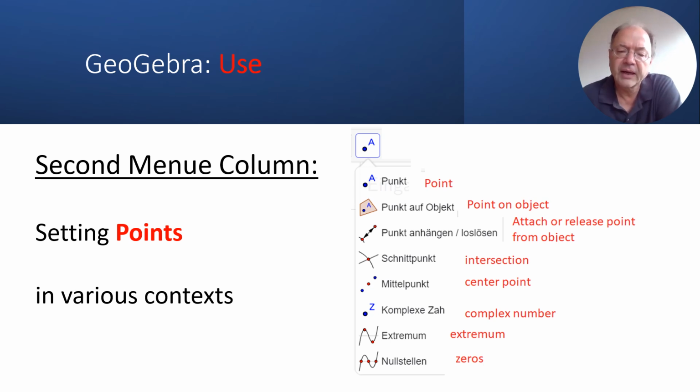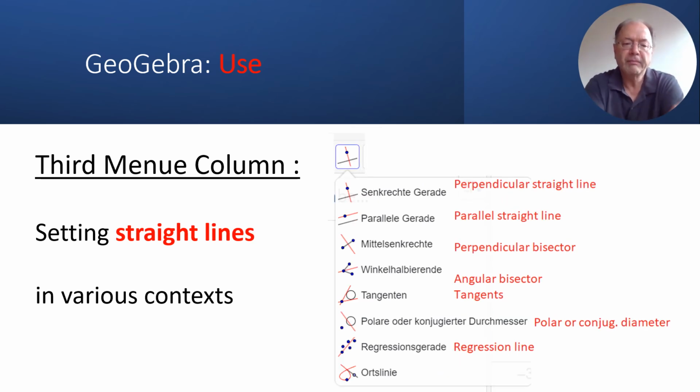You can find a center point between 2 points, define a complex number, an extremum, or zeros, all with this second menu column.